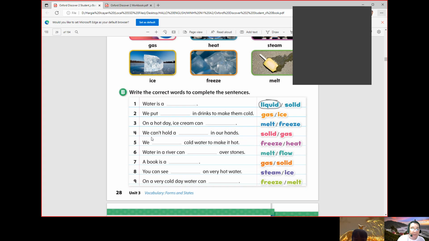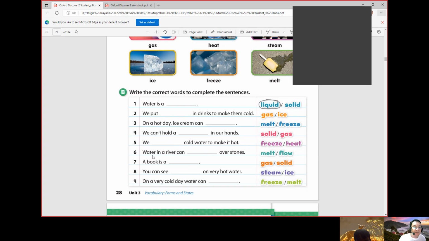Number four, we can hold solid or gas in our hands. Yes, okay. Solid, we can hold that, but we cannot hold gas. Okay, next, number five, we freeze or heat cool water to make it hot. Yes, okay. So we can heat the cold water to make it hot.